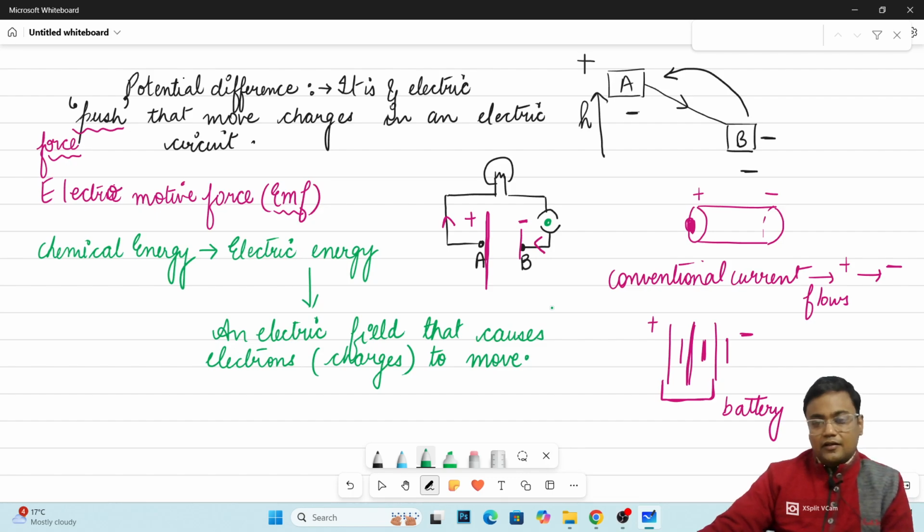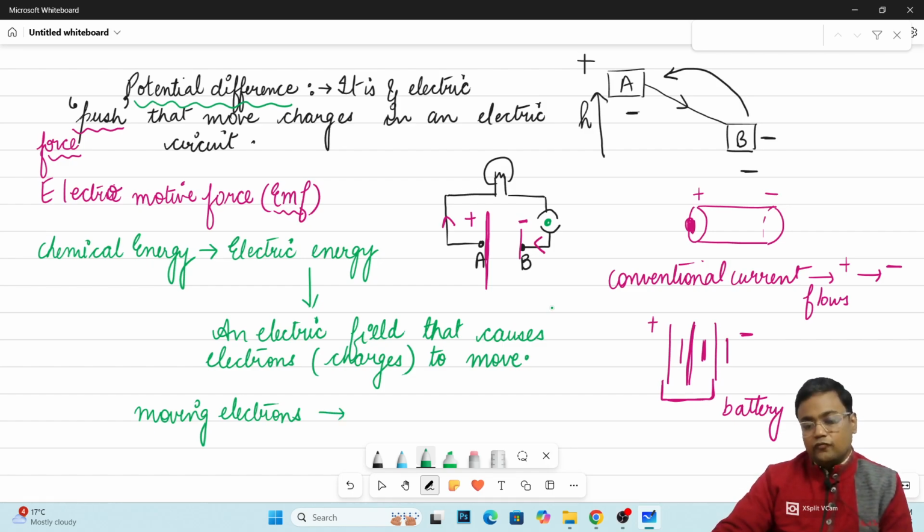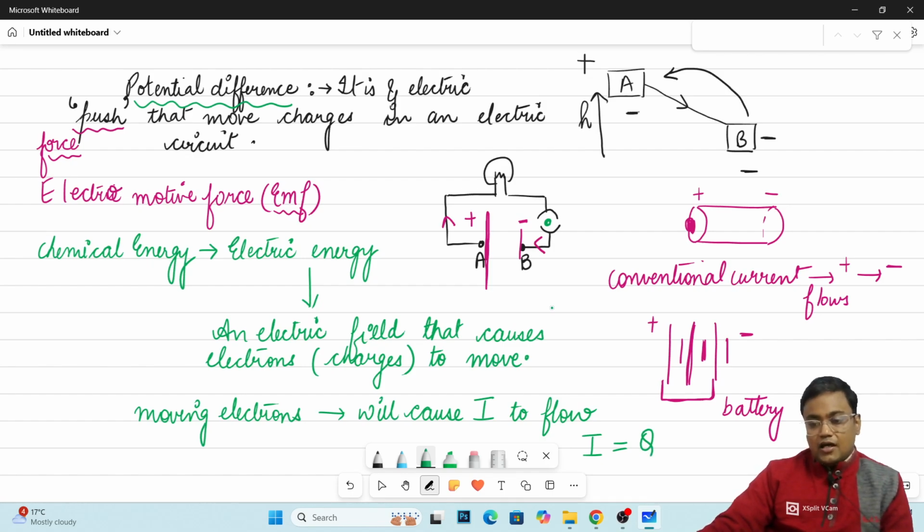So understand how a cell or a battery creates a potential difference which will help the electrons move, and moving electrons will cause current, that is I, to flow, because we have learned current is charge that moves per unit time across a boundary per second.